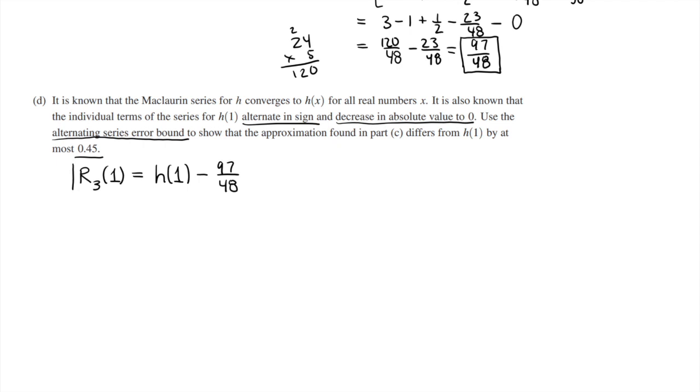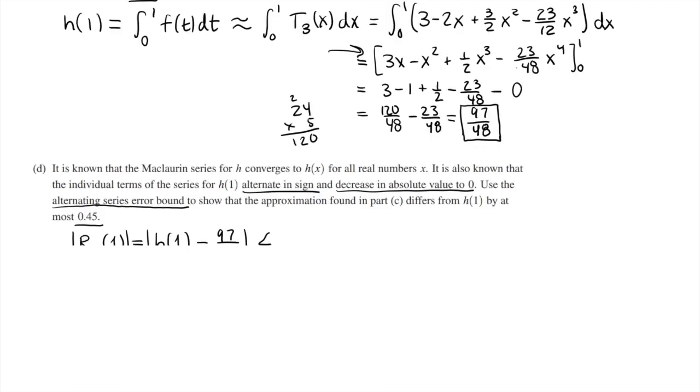And in absolute value, the alternating series error bound says that this is at most whatever the degree 5 term would be at x equals 1.